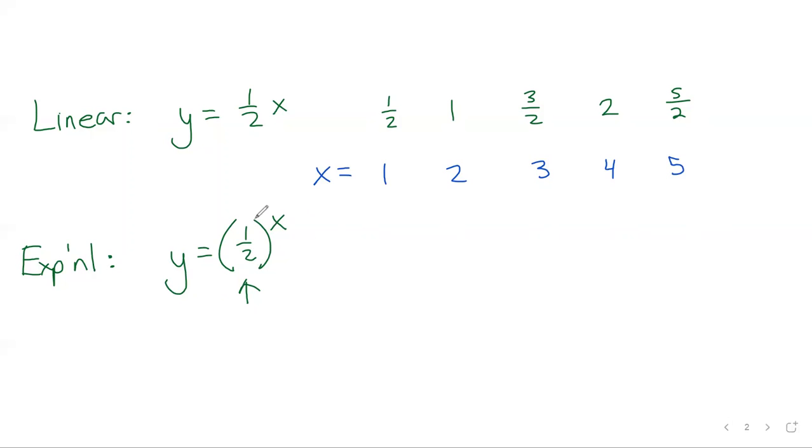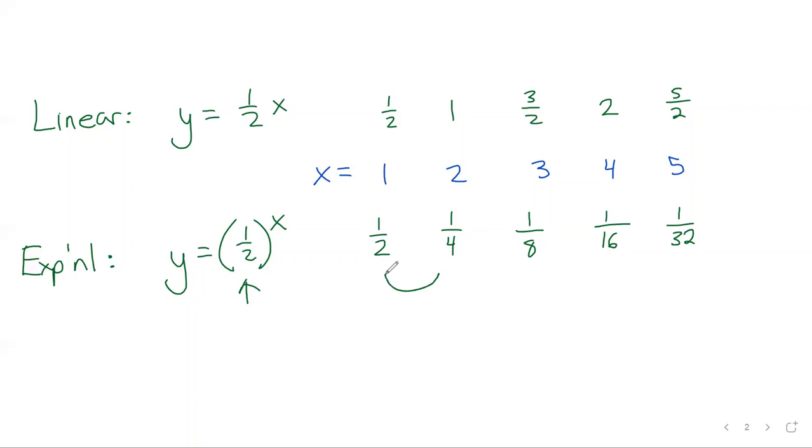And so if we're multiplying a half times a half times a half times a half, of course, it's going to shrink each time. So 1/2 to the first power is 1/2. 1/2 to the second power is a fourth. 1/2 to the third power, so that's like 1 to the third over 2 to the third. And so this is now getting smaller and smaller and smaller.